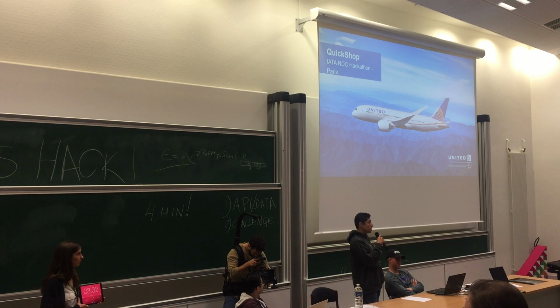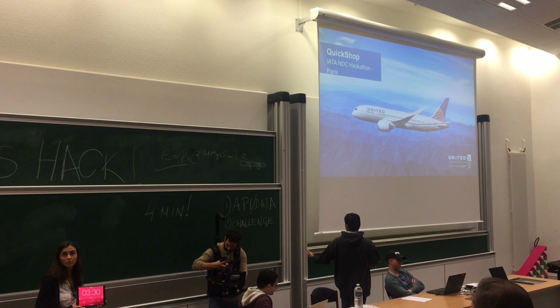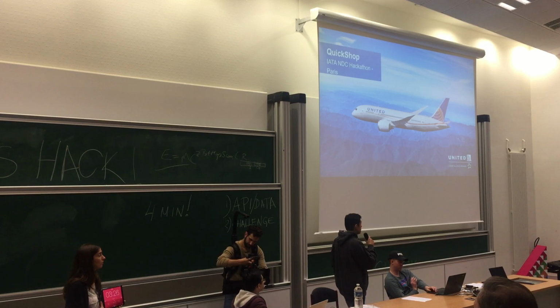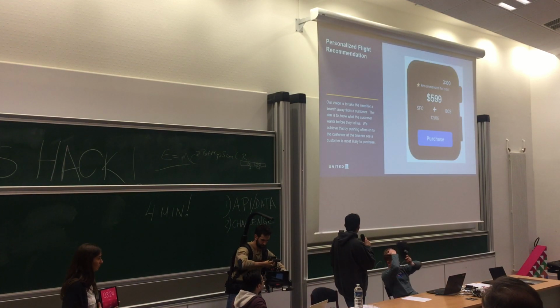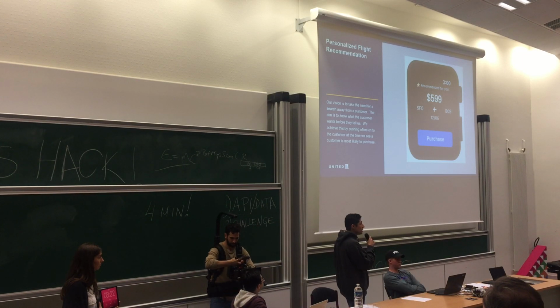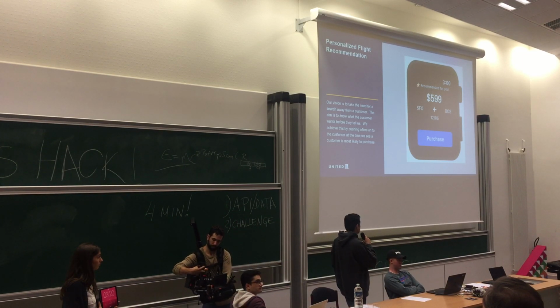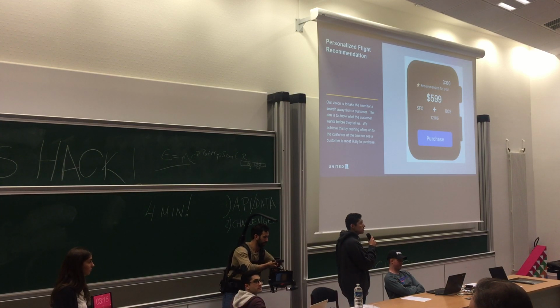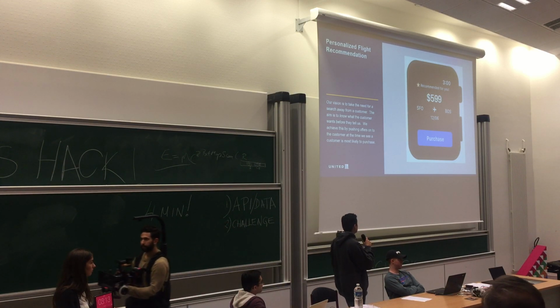And the cool thing is, using the NDC APIs as well as some of the other data APIs, we're able to capture some of that data, and using AI and machine learning technology, this is a huge asset for us to compute and give out recommendations to the corporate traveler.